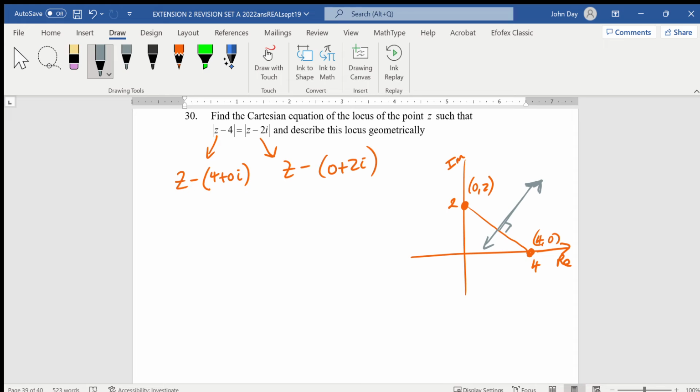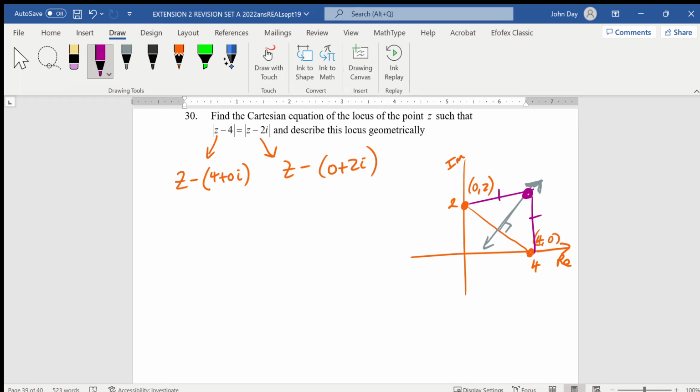So it lies on the perpendicular bisector of 0, 2, and 4, 0, or 4 plus 0i and 0 plus 2i. So that's geometrically what's going to happen. And that makes sense because you take any point on there, like that point, and it's equidistant from each point. Okay, so that's describing it geometrically.